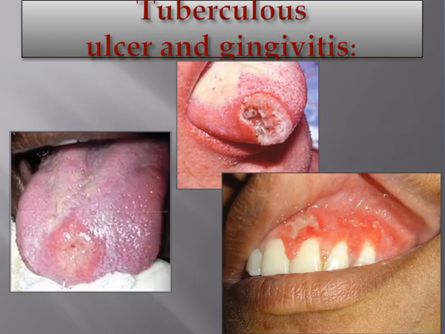And I want to show the next slide, tuberculous ulcers and gingivitis. Many patients present a single or multiple superficial or deep, painful or painless ulcers with an irregular border which tends to increase slowly in size.